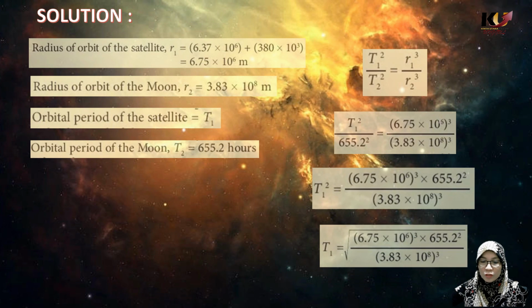T1 equal to the square root of (6.75 times 10 power of 6) cube times 655.2 square over (3.83 times 10 power of 8) cube. The answer is 1.53 hours.